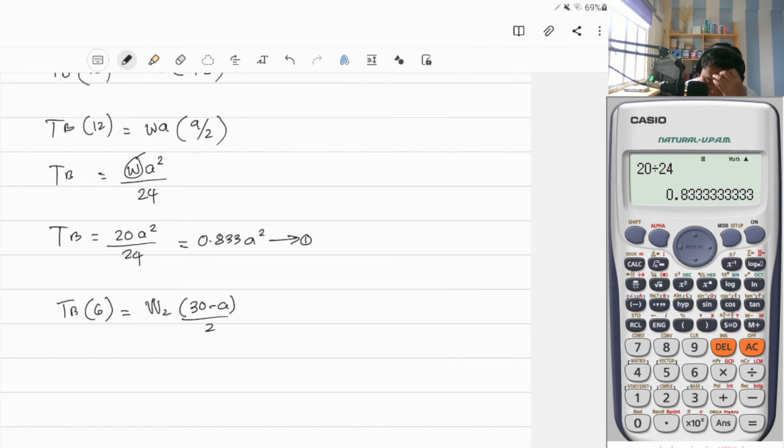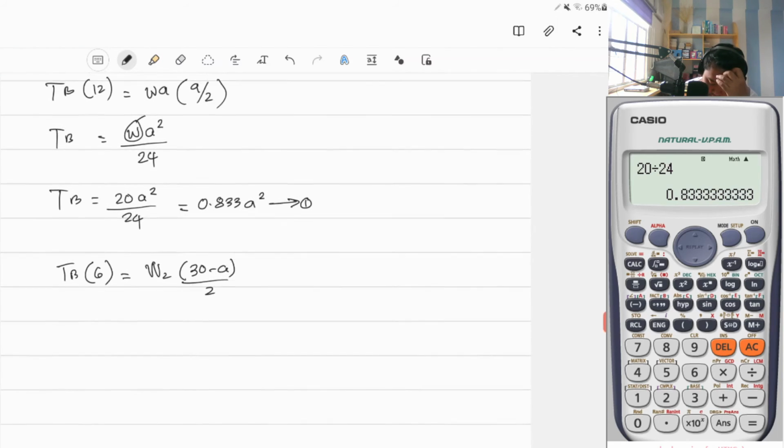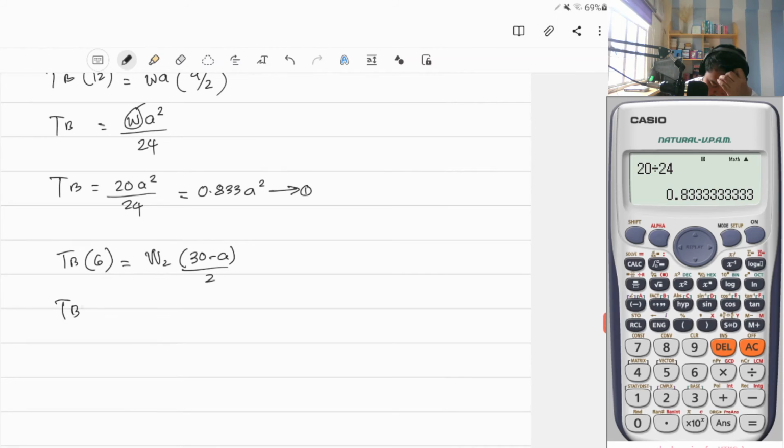But what is W2? We can express W2 in terms of small w times B, which is 30 minus A, times its moment arm 30 minus A over 2. So what is TB?